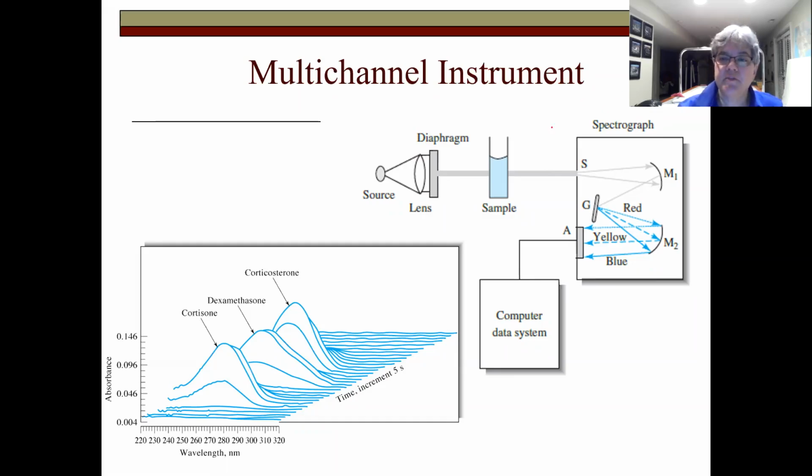And then we're just going to have a grating to spread out the whole spectrum right on that detector. And so this one, notice you're actually measuring the spectrum every 5 seconds. You get a new spectrum. And so we can actually watch things coming off a separation column as we're doing it. So very powerful detector if this is what you need.